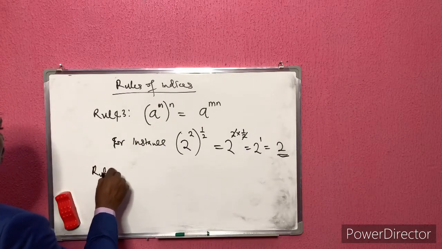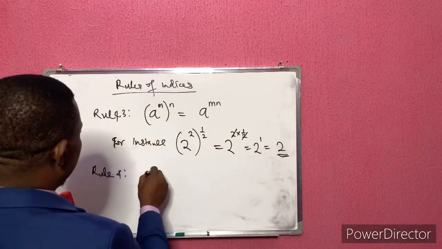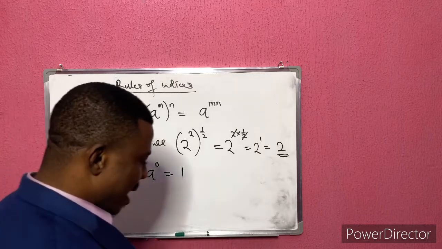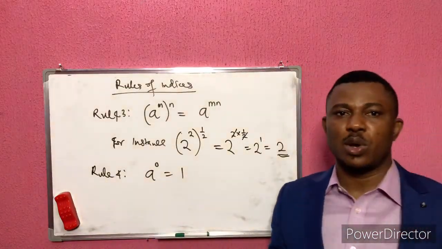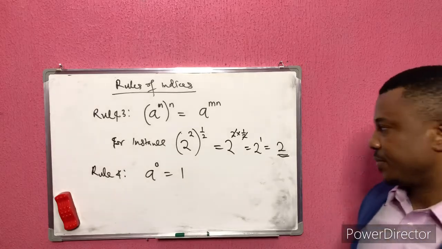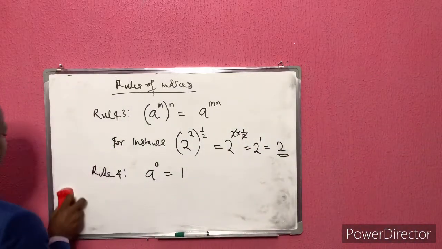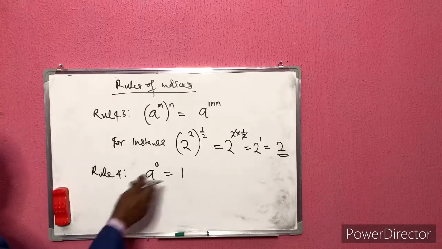Then rule 4. A raised to the power 0 is what? Any integer raised to the power of 0 will give us 1. This can be explained.